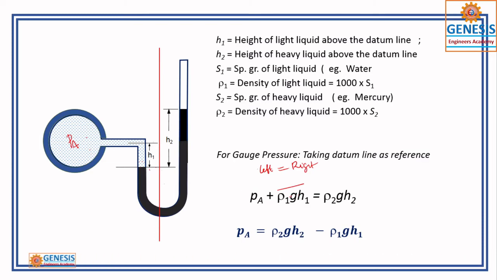So, pressure P is equal to gamma H, as we know from the hydrostatic law, and gamma is equal to rho G. That is why I have used rho GH. So, P can be called rho GH. Now this is rho 1, the density of the liquid, G H1.